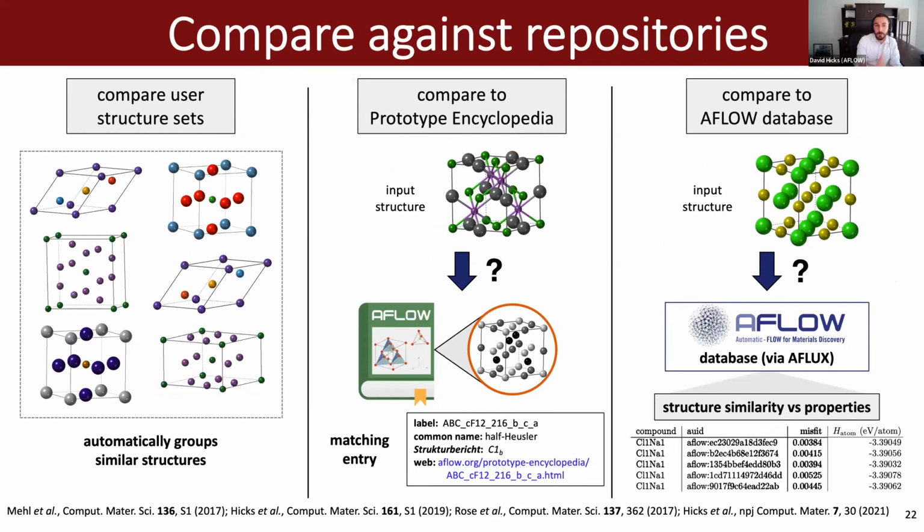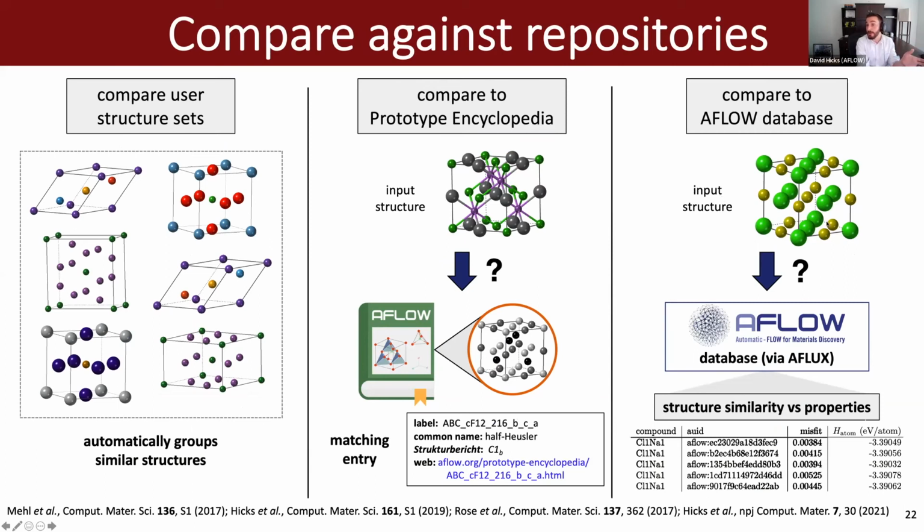The other thing is we have some built-in methods to basically compare large data sets of structures. So you can compare your own sets of structures together, and AFLOW will automatically group them together by structural similarity. You can also compare your input structures to the prototype encyclopedia. So it'll take a generic structure and determine if there's a matching entry in the AFLOW encyclopedia.